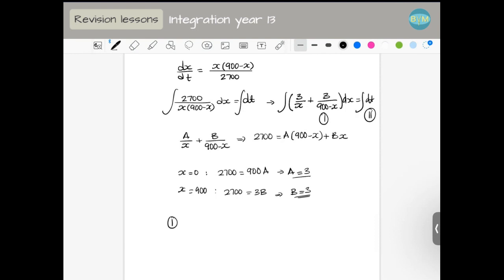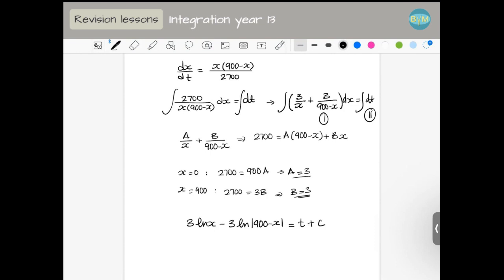If I integrate that, I have 3 ln x. If I integrate the other, I have 3 ln 900 minus x, and it's going to be a minus because the derivative of 900 minus x is minus 1. And this is going to be equal to t. I don't even need to separate them because it's quite simple.